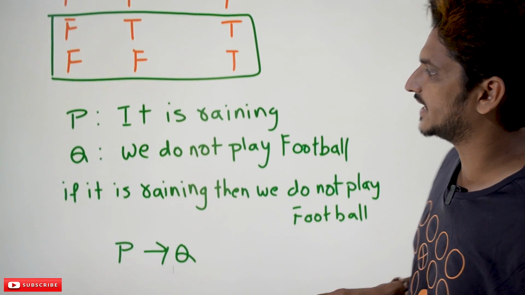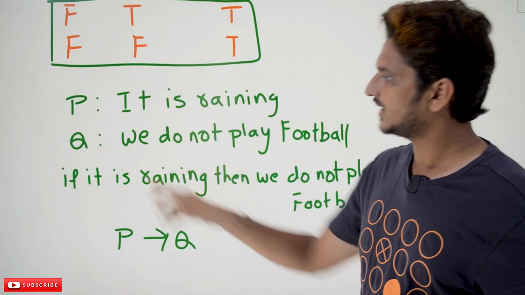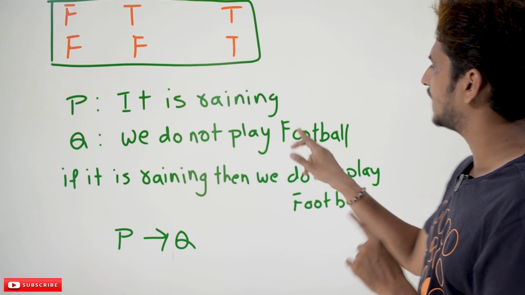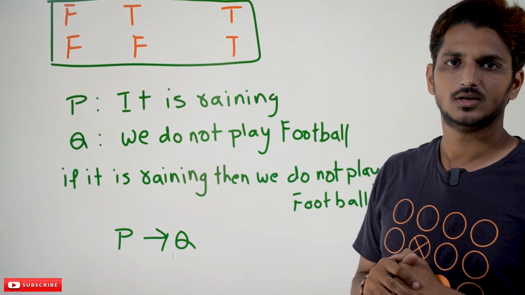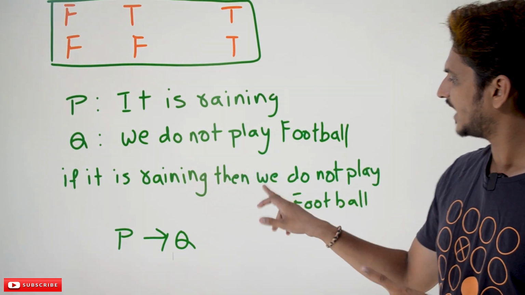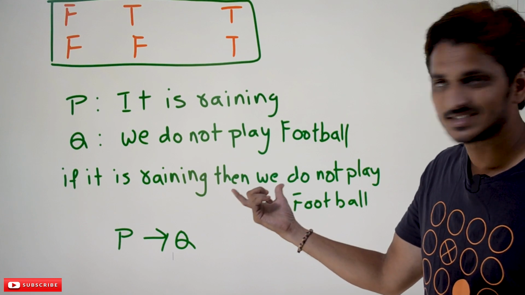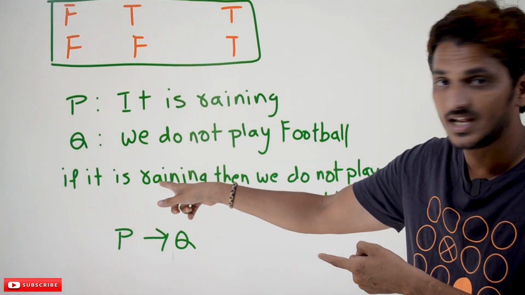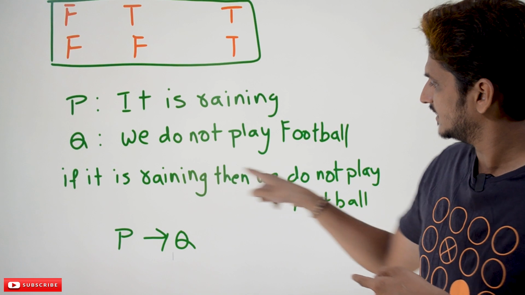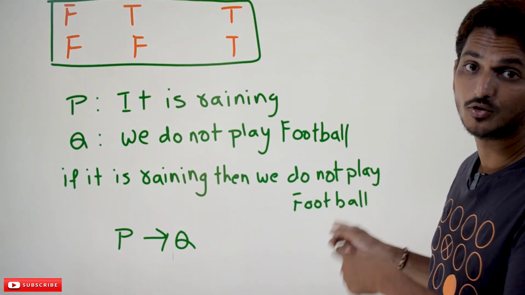Now try to understand the example. Let's take the statement P, it is raining, and the second statement Q, we do not play football. This can be written as, if it is raining, then we do not play football. So what is this statement saying? If it is raining, if this is true, then Q is going to be true, then we do not play football.